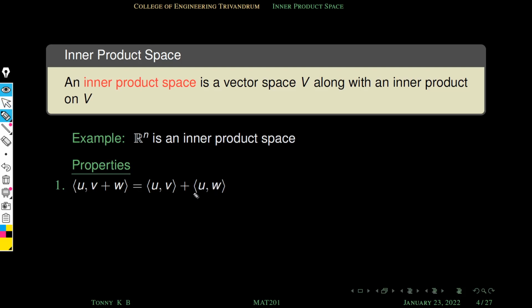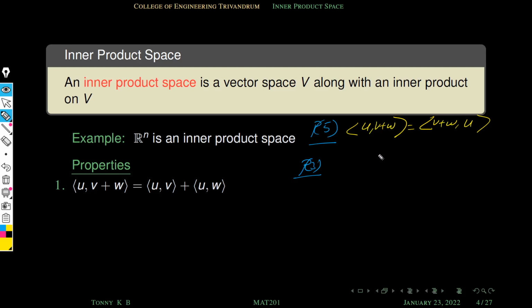Next we will see some properties of a real inner product. The first property is that the inner product of u comma v plus w is equal to the inner product of uv plus the inner product of uw. This is another distributive property. How to prove this? First we consider the LHS, the inner product of u comma v plus w. Here we assume that this is an inner product. Since this is an inner product, using property 5, we know that the inner product is commutative. So this is equal to the inner product of v plus w comma u.